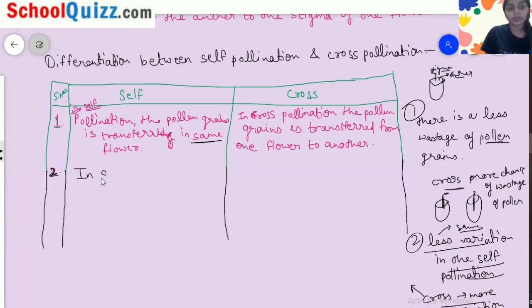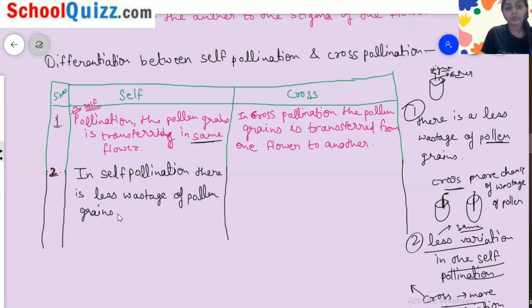In self pollination there is less wastage of pollen grains.